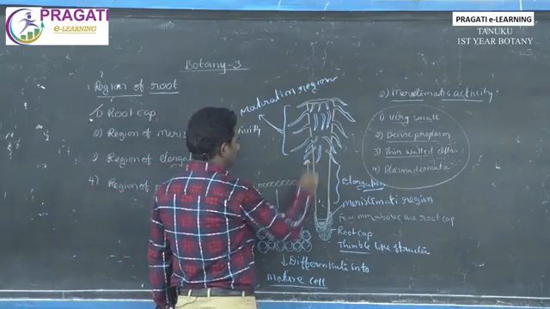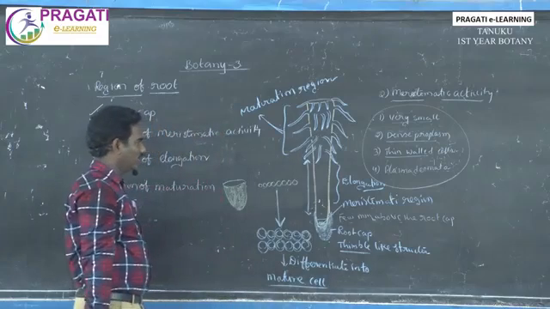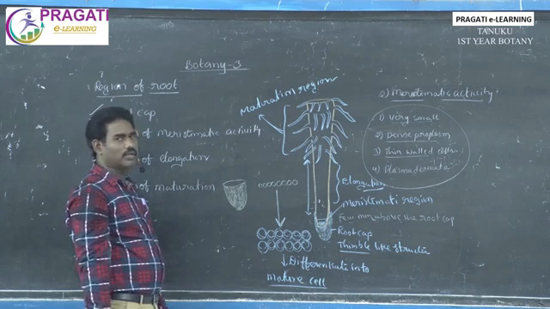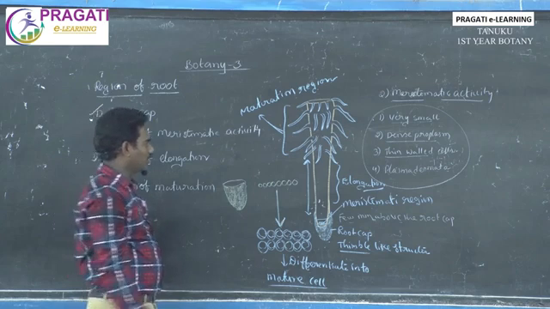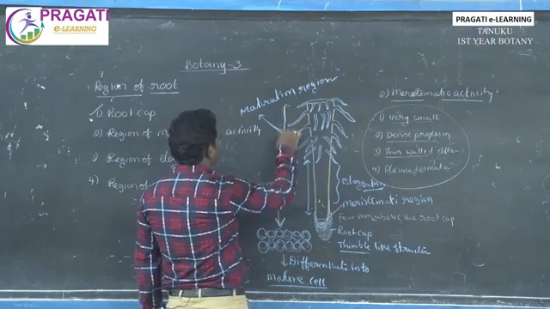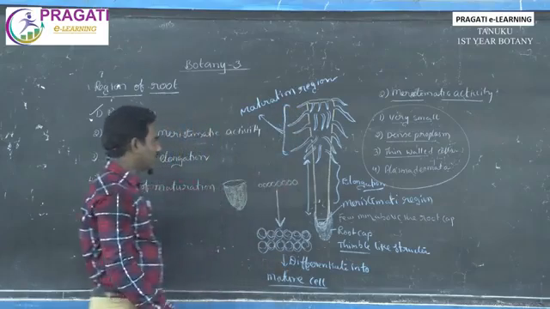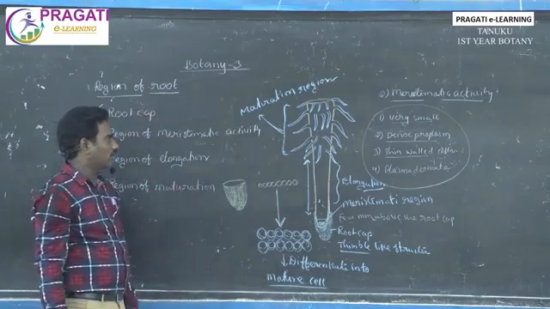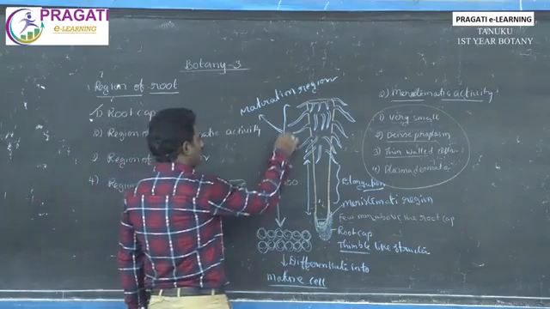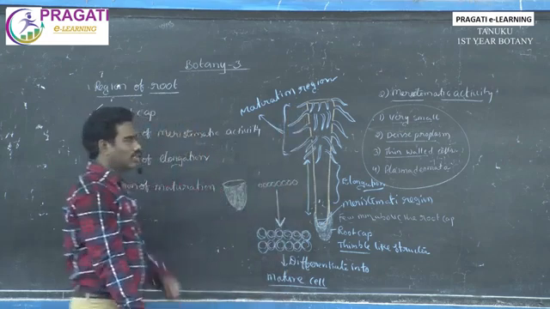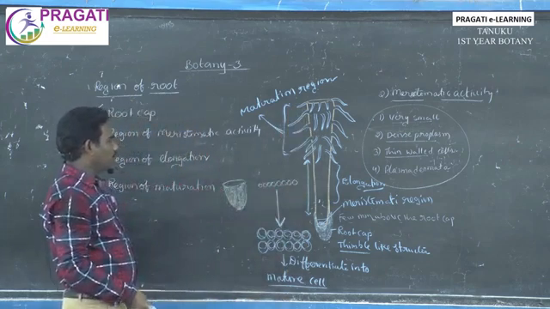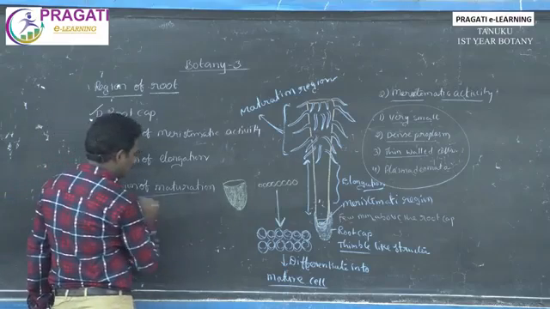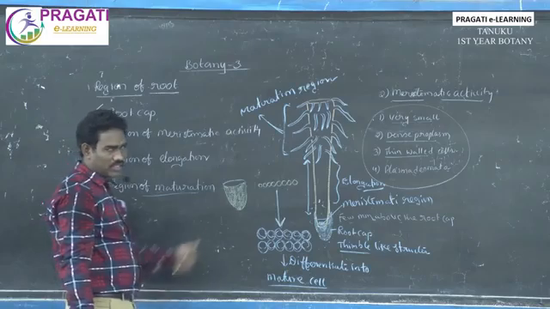For example, some permanent tissues are parenchyma, collenchyma, and sclerenchyma. Parenchymatous cells produce a large number of permanent parenchymatous cells in the maturation region. Next, the epidermal cells in the maturation region produce a large number of root hairs.